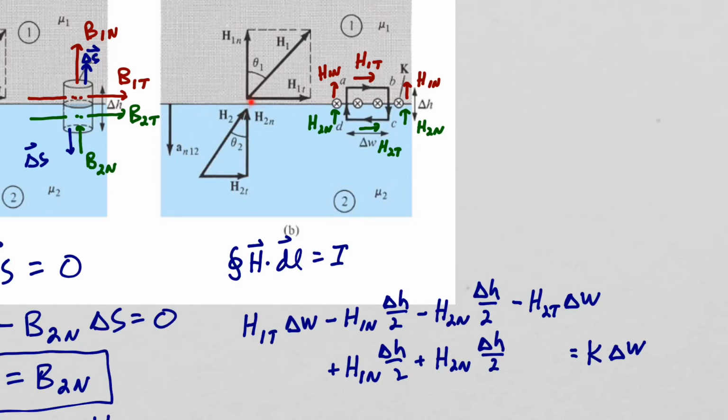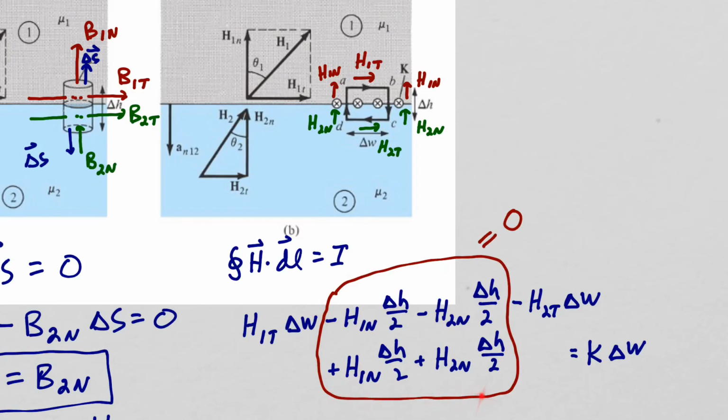We defined our surface current density as flowing into the page, so if you put the fingers of your right hand in the direction of our integration, this clockwise direction, your right thumb points into the page. So the current inside our Amperian loop that is flowing into the page is K times delta W.